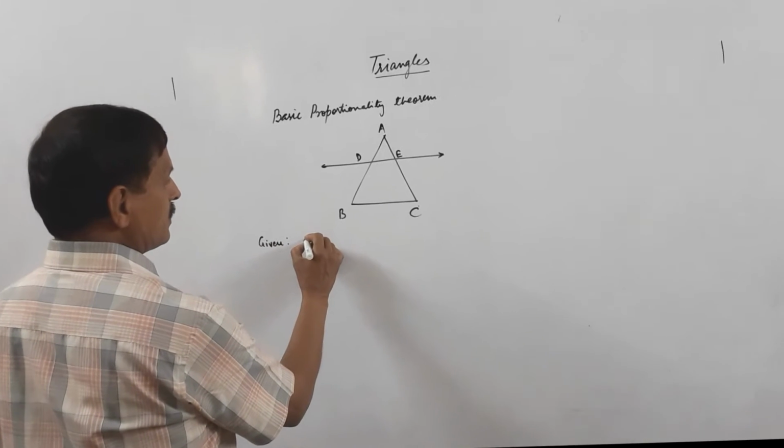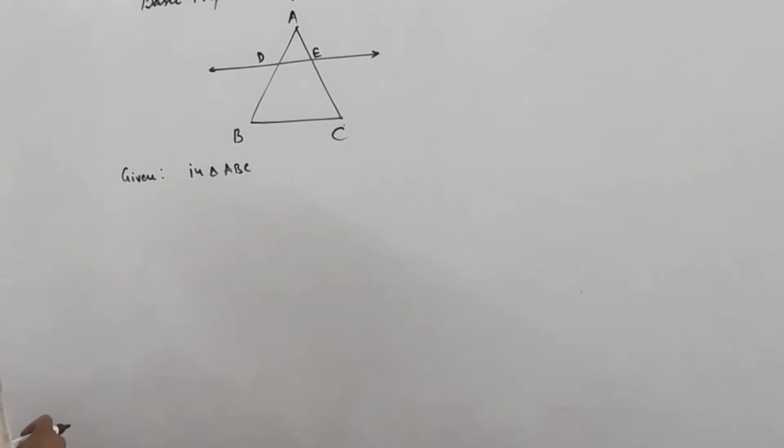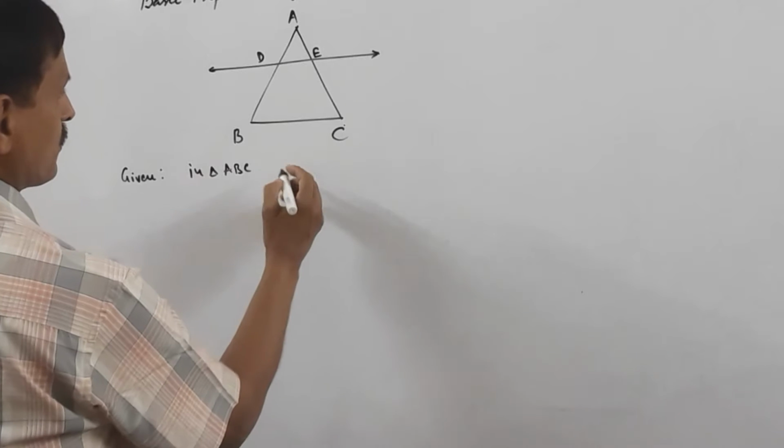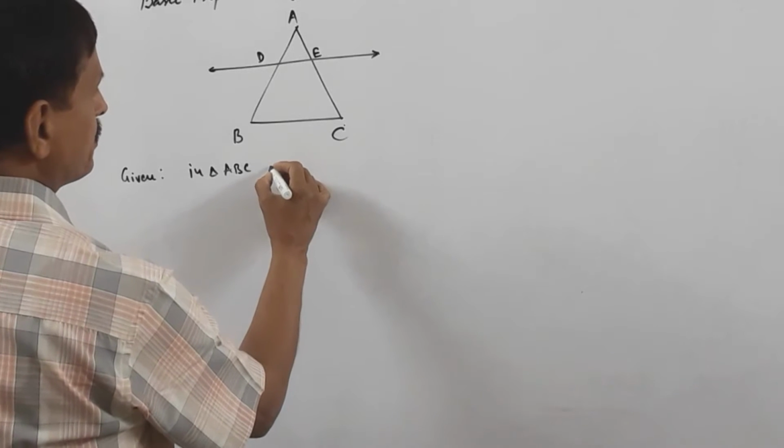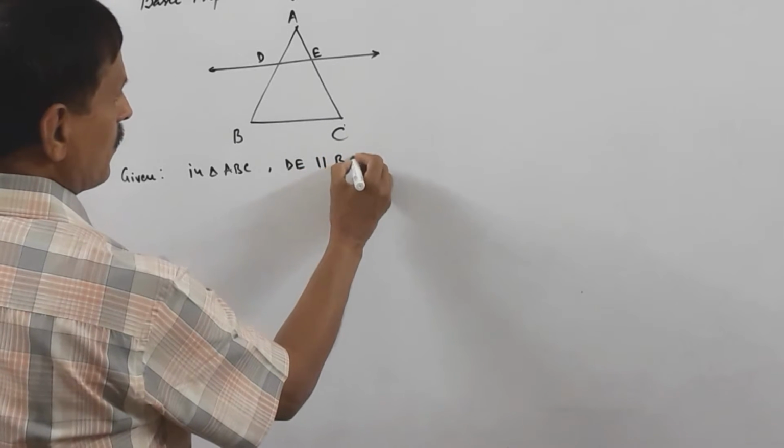Given: in triangle ABC, DE is parallel to BC.